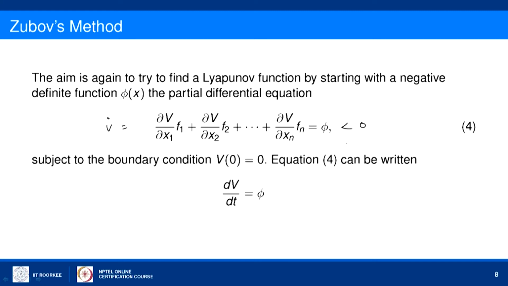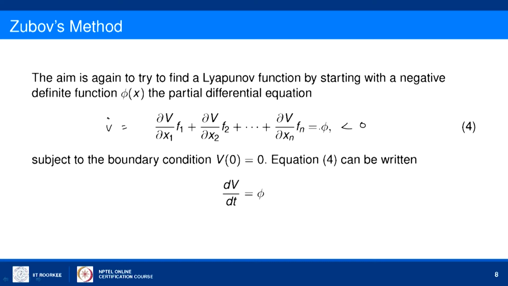We just select any negative definite function of x1 to xn and put it on the right hand side. So dV by dt equal to phi is the equation which we have. It is a partial differential equation and we can solve it using the Lagrange method and get the function V.